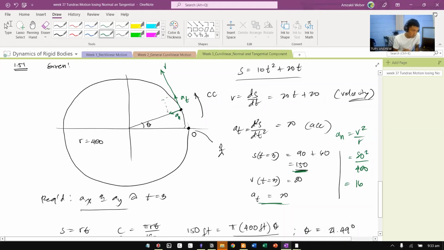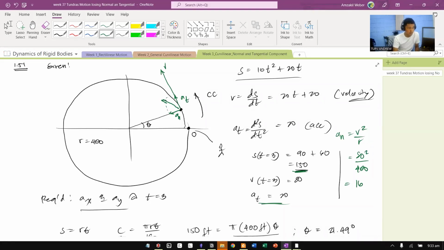Alright, the resultant acceleration must follow the curve because of the normal component. We have AN and AT, the magnitudes, but we don't know the AX and the AY.